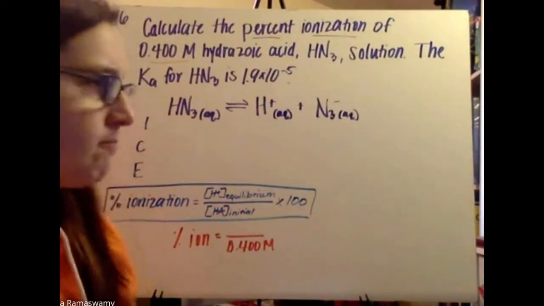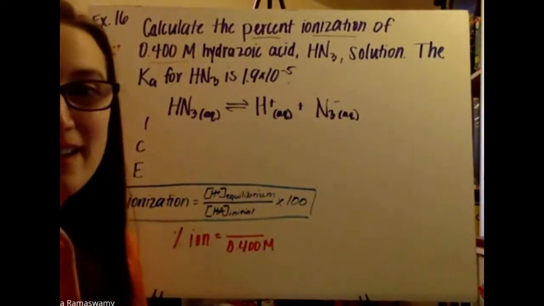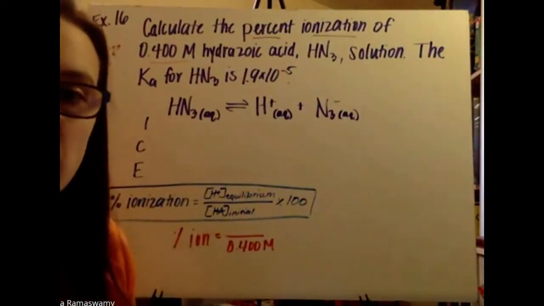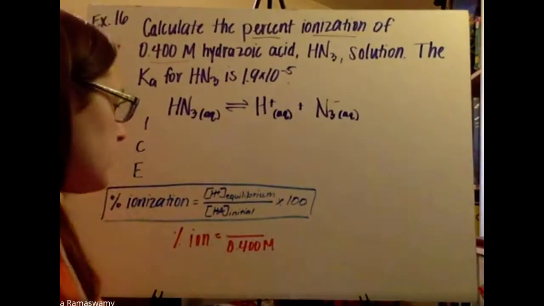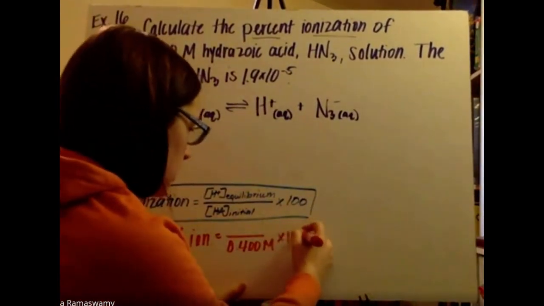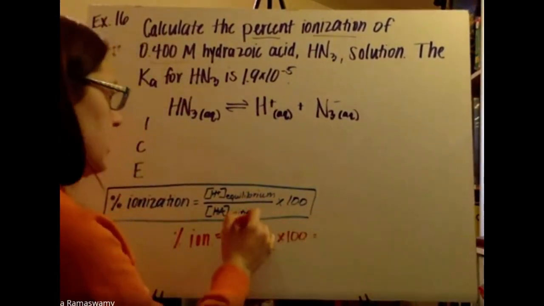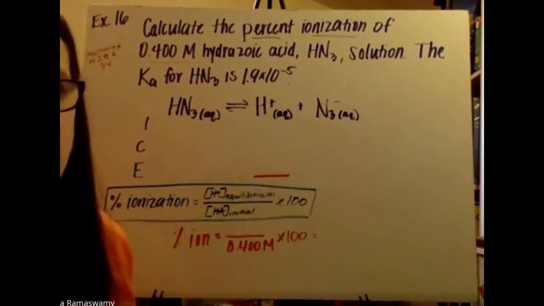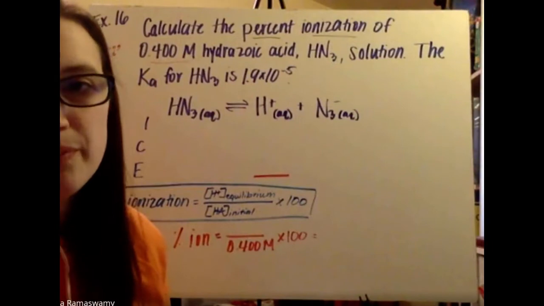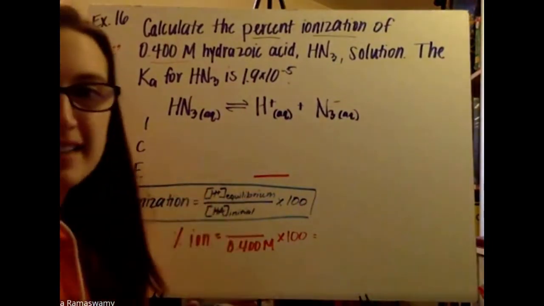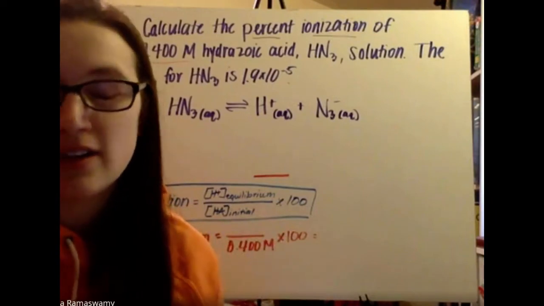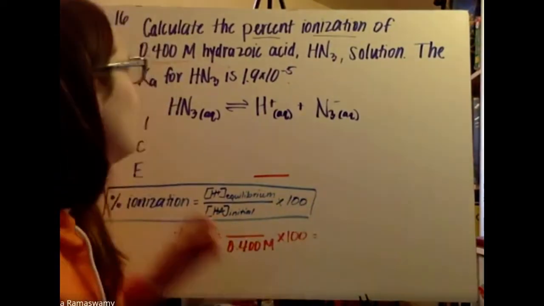What I don't have and what I need is the H plus concentration at equilibrium. So in order to finish off this percent ionization calculation, I need H plus at equilibrium. I need that value right there from the ICE table. So let's fill in the ICE table and let's see how we can find delta H plus.